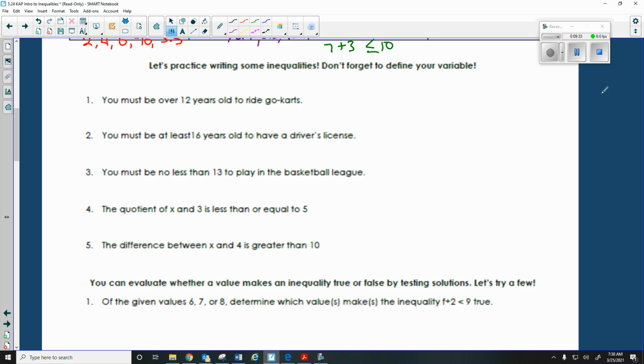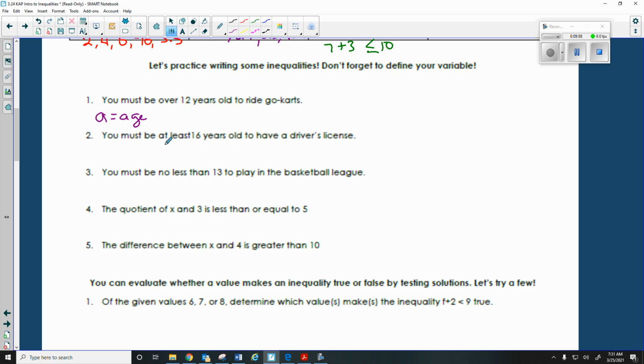With 6th grade math, we're going to tend to have a variable, so something that's going to change, a letter or an unknown quantity, stuff like that. So look for that. So first situation says you must be over 12 years old to go on the go-karts. Okay, so the thing that's going to vary in here is the age. So I'm going to say A is going to stand for my age.